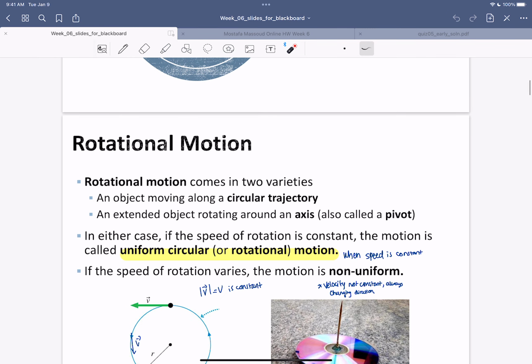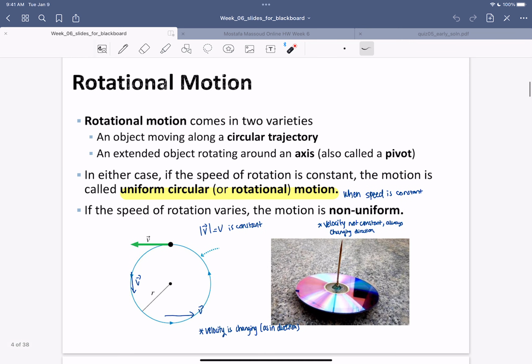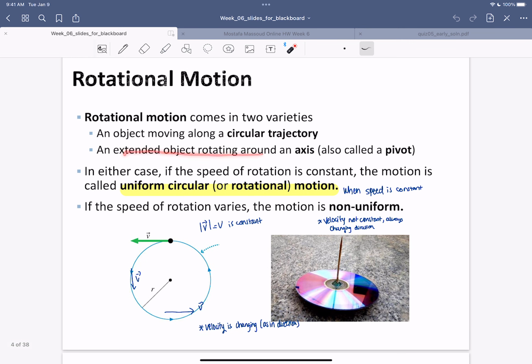For rotational motion, there are two varieties: circular trajectory, and an extended object rotating around an axis. If you remember the online homework, there was a clear example with the astronaut spinning around in a device, with a pivot. For circular motion, you could be moving along a circular pathway, like making a turn, or even walking is a kind of circular motion in a sense.